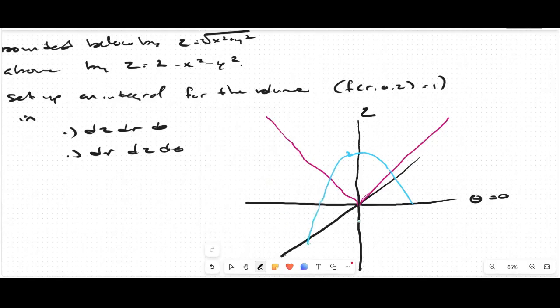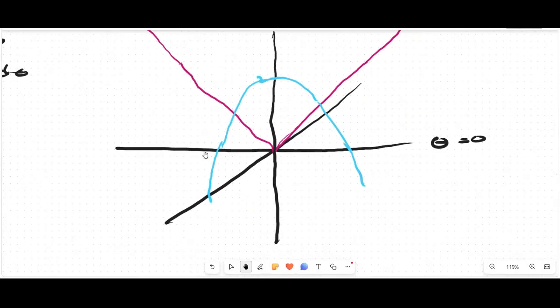With my downward facing paraboloid, this goes on and on. I just want to curve it a little bit more. There we go. Okay, so I haven't really rotated either of these.